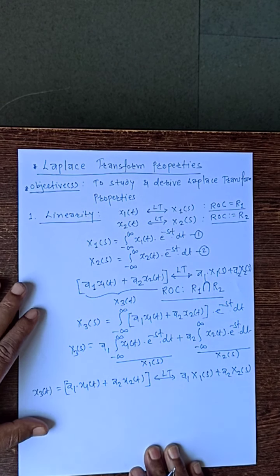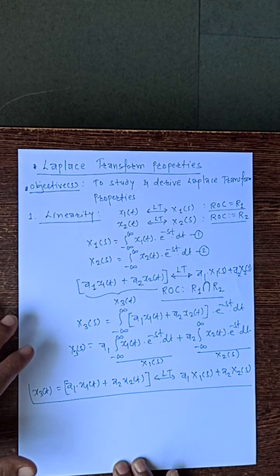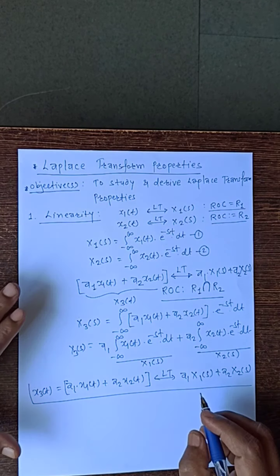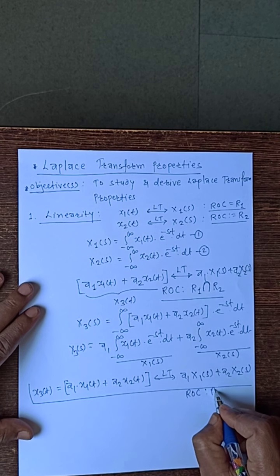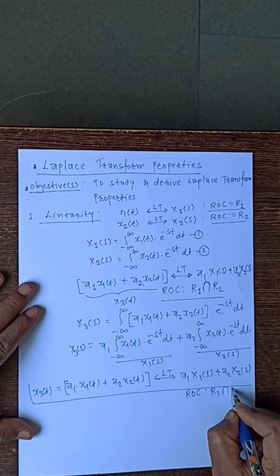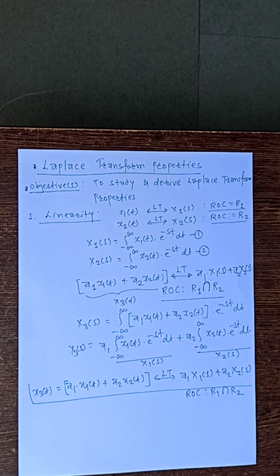So this is the linearity property of the Laplace transform. This is proved, and the ROC is R1 intersection R2, where R1 is the ROC of the first signal and R2 is the ROC of the second signal.